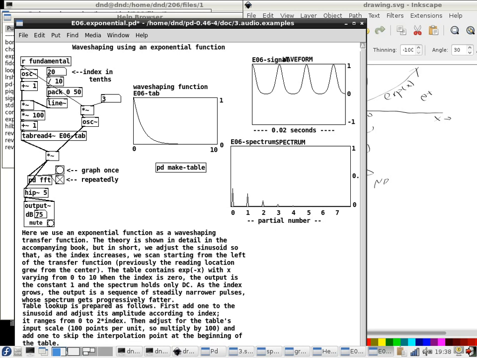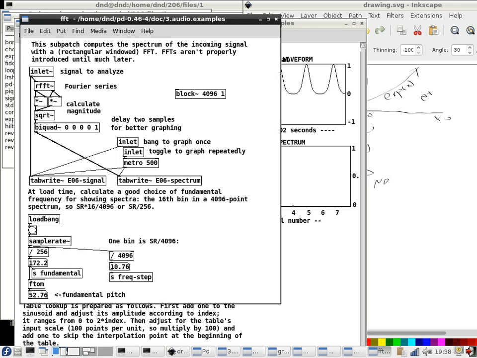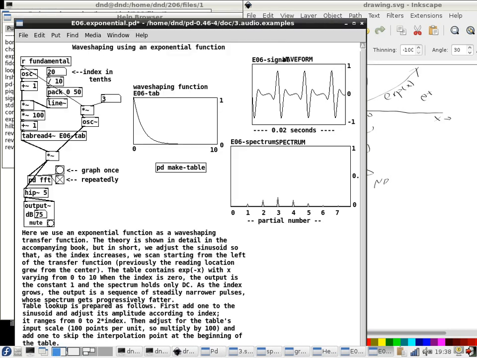Oh, this fundamental is not a signal. I have to get in here. There's the fundamental. I have to click that. There we go. Sorry, I'm cheating a little bit. So now I'm ring modulating by a sinusoid of triple the fundamental frequency, and I'm getting something that is centered around harmonic 3.